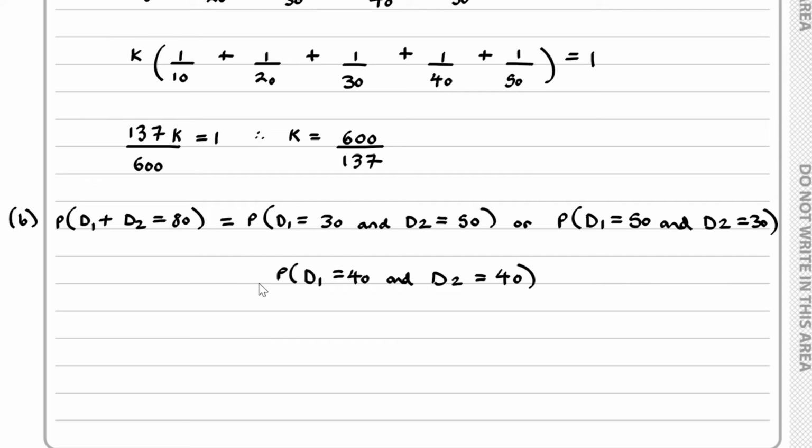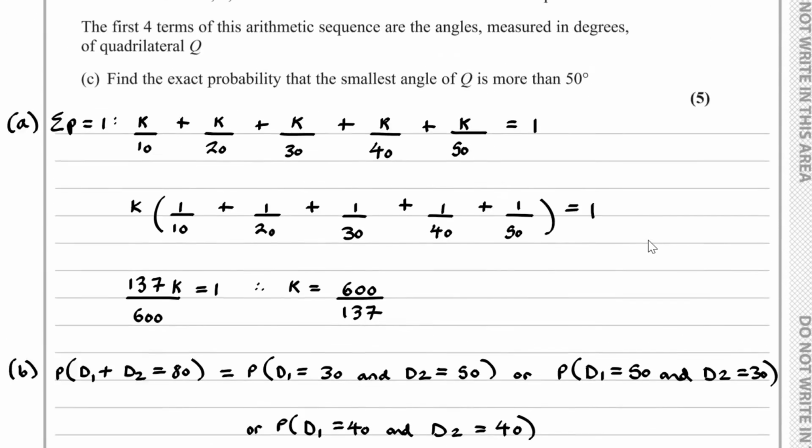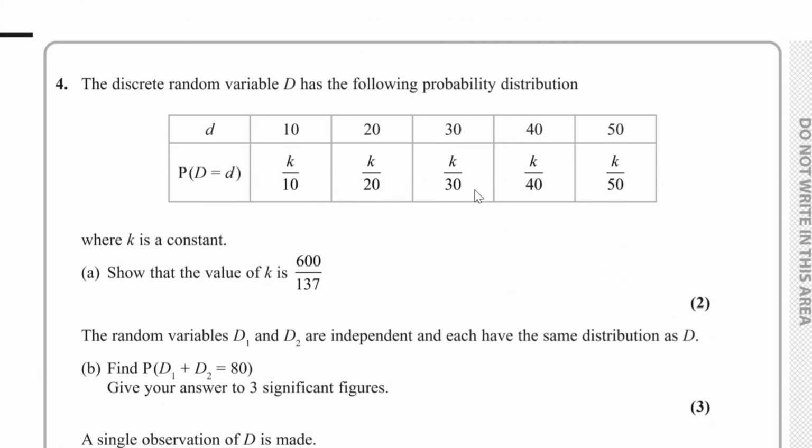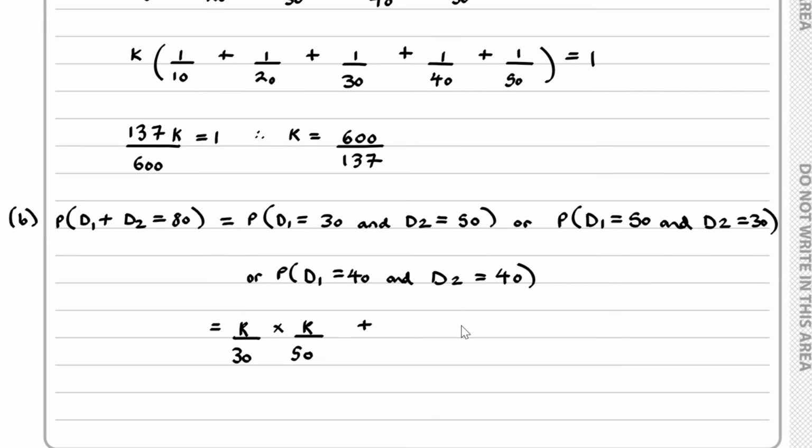So what we have over here then is k over 30 multiplied by k over 50, and then we have d1 equaling 50 and d2 equaling 30. Well, here we have k over 50 and k over 30.